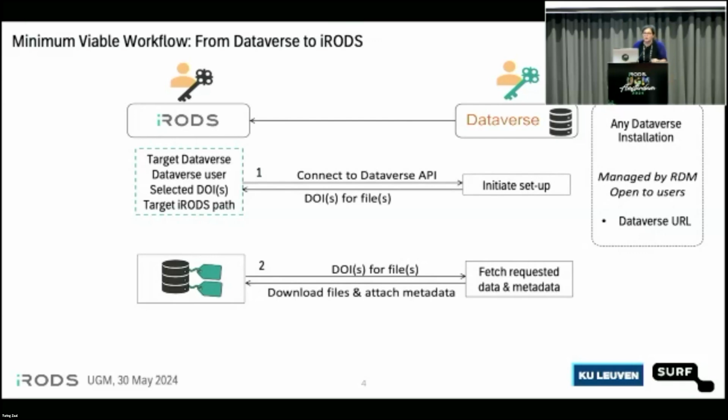So the reverse workflow starts again from an iRODS user who provides again the target Dataverse and the API token, the selected DOI for the dataset and the target iRODS path. And based on the selected dataset DOI, the DOIs of the children are returned, if any, and based on those, the files are downloaded and metadata is attached, and the metadata have to do with the metadata that are already in Dataverse, but also metadata concerning the data transfer.